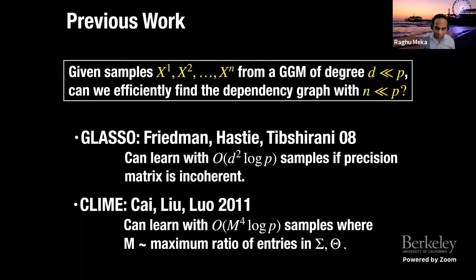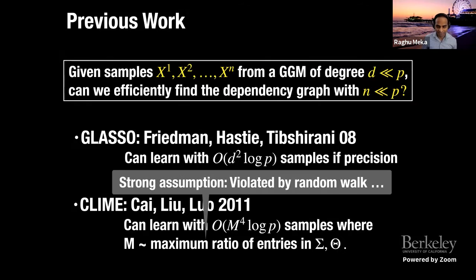This is again some form of condition number assumption, and this is also violated by the random walk example. There, this ratio would be p, so the bound would be really bad. But again, whenever you have these kinds of paths embedded in your network, I think the assumption would be violated.